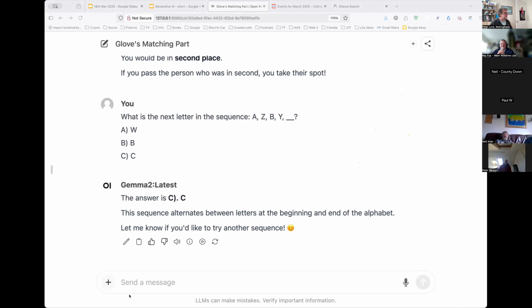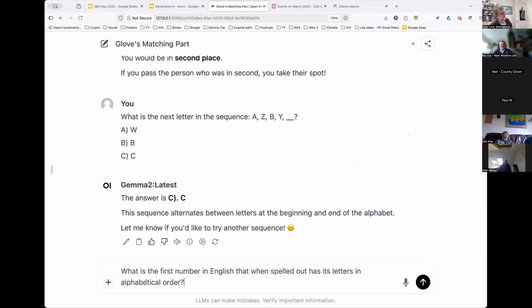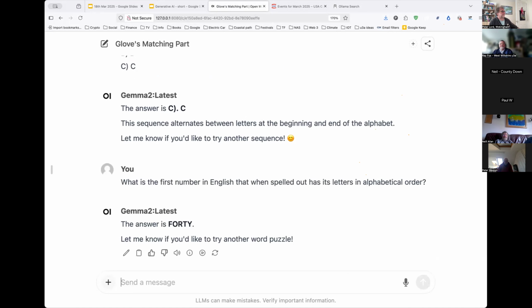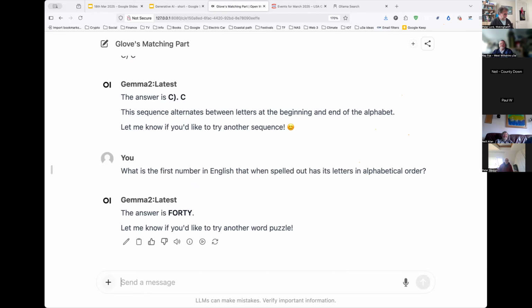All right, let's do this one then. What is the first number in English that, when spelled out, has its letters in alphabetical order? Anyone know this? 40. 40, yeah. Let's try this then. What is the second number in English that, when spelled out, has its letters in alphabetical order?